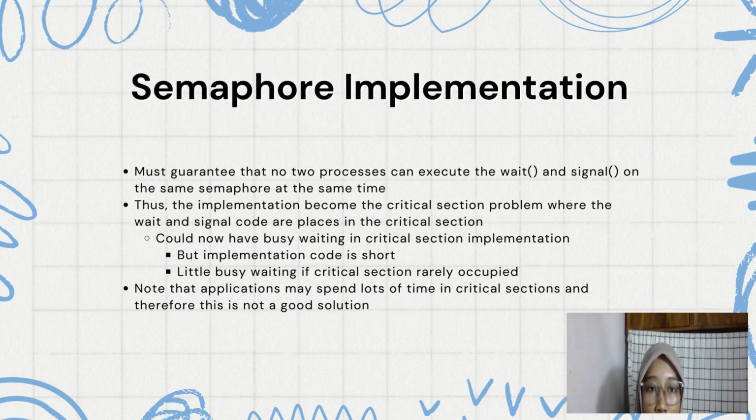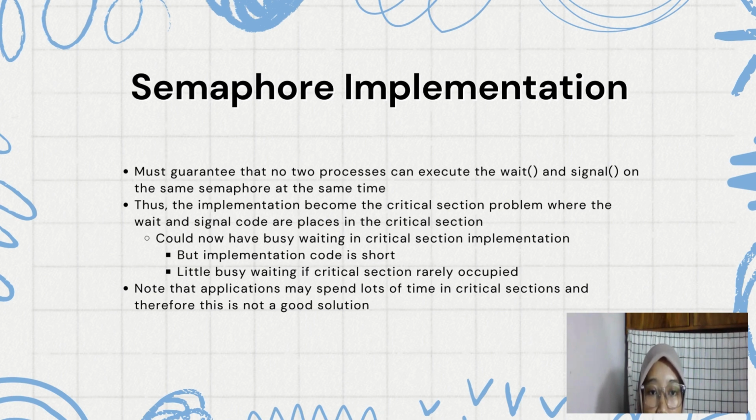A semaphore implementation must guarantee that no two processes can execute wait and signal on the same semaphore at the same time. Thus, the implementation becomes a critical section problem where the wait and signal code are placed in the critical section.